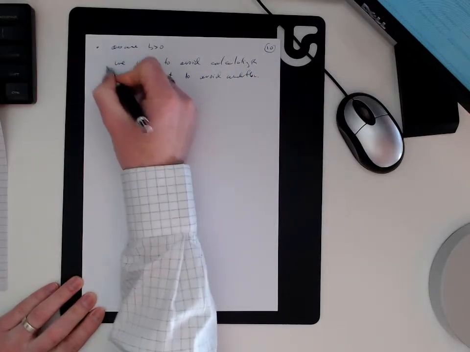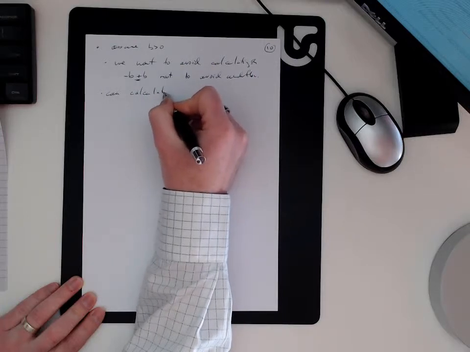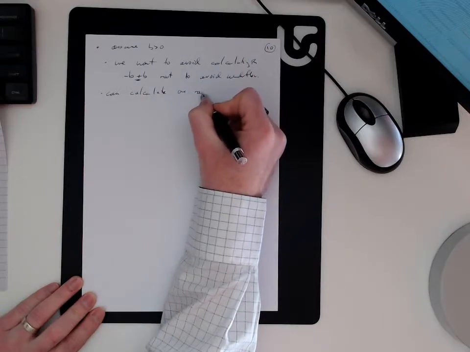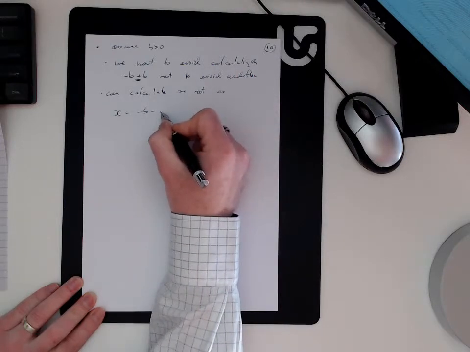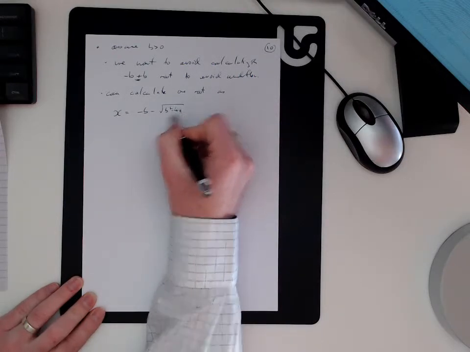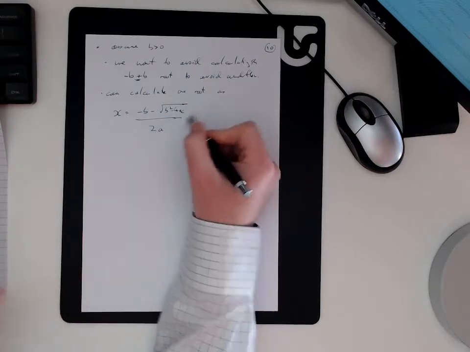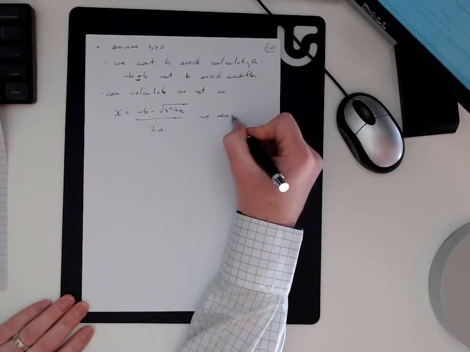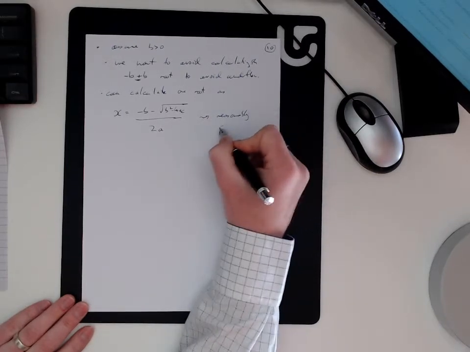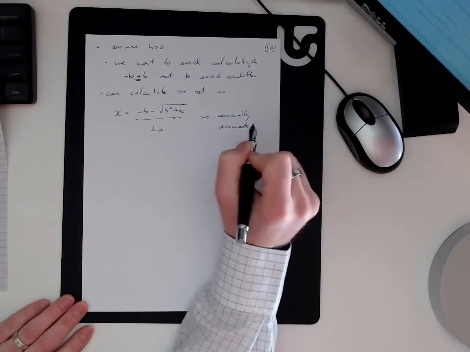We can calculate one root as x equals minus b minus the square root of b squared minus 4ac, over 2a. So we avoid underflow, and we get something that is reasonably accurate. Or at least we avoid an obvious problem.